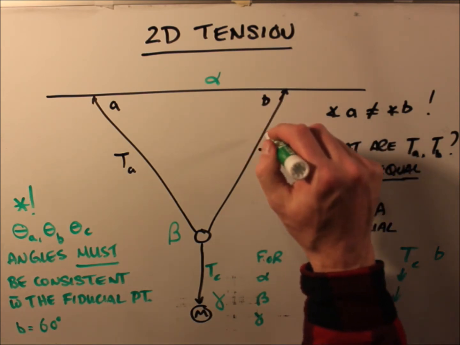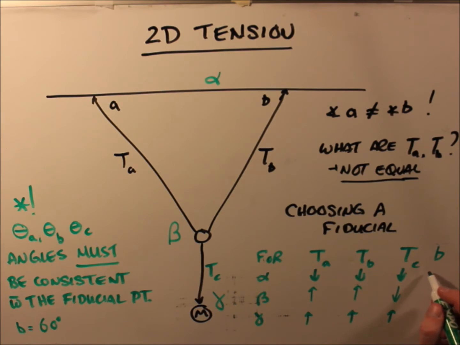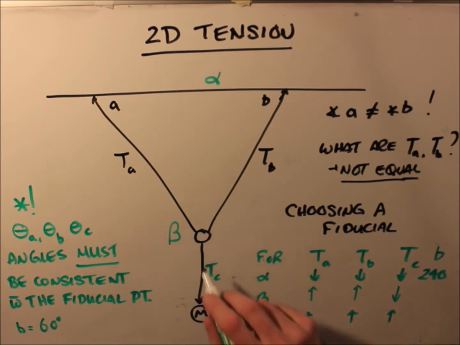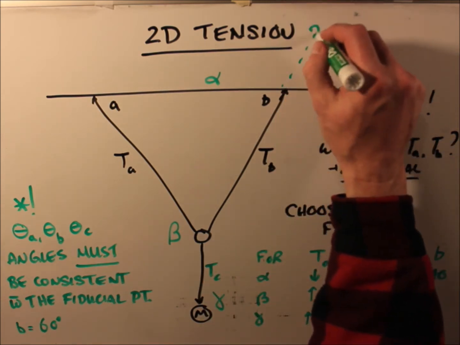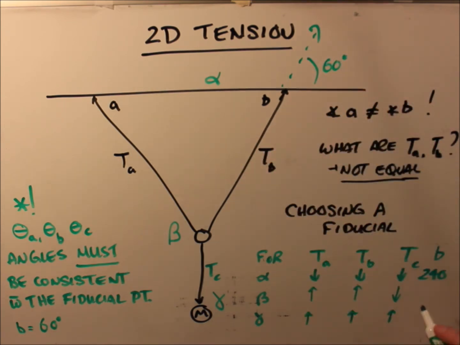So this is 60 degrees, so then it would be 180 plus 60. So angle B would be 240. It's pulling up in the second one. Now it's going this way, and the angle is only 60. So then we have 60 here, and it's pulling up in the final one, which is also 60.